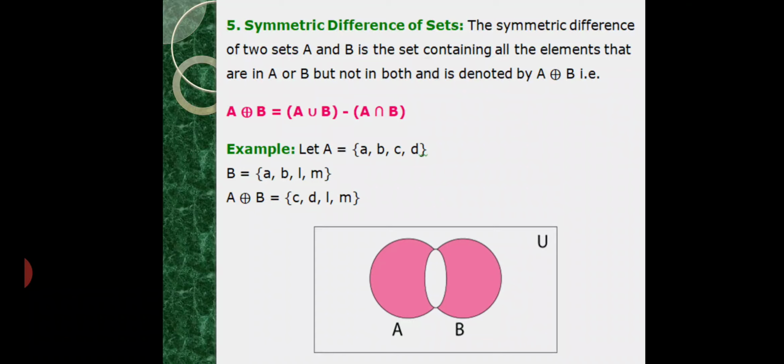So symmetric difference means the elements are in A or B but not in both. What is the condition for symmetric difference? A symmetric difference B is equal to A union B minus A intersection B. Let us consider an example.